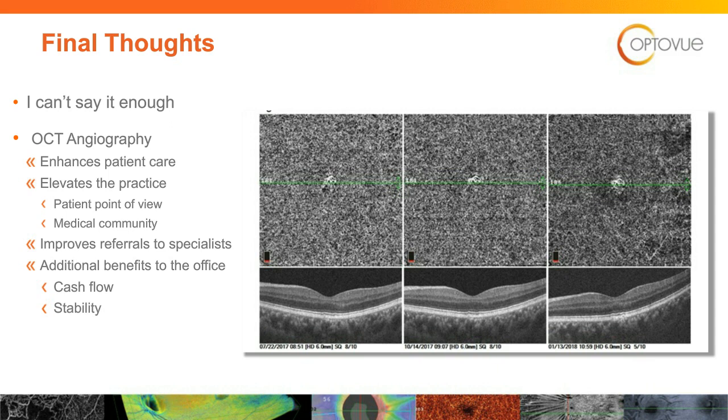Finding these occult membranes before they turn classic. Remember, occult is below the RPE. The only way you could really see those with dye-based imaging would be to use ICG, because the fluorescein cannot see below the RPE, so you'd have to use ICG. And when's the last time you heard of a retinologist doing ICG?